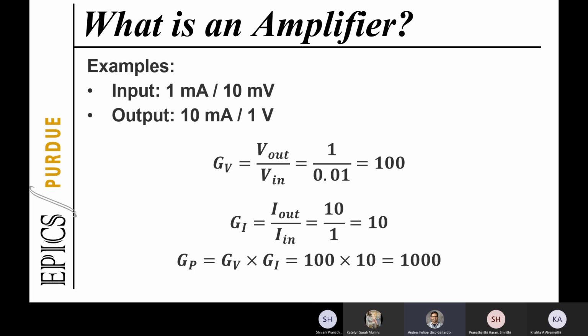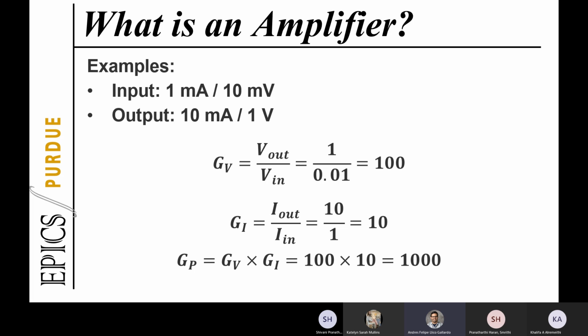So if we look at the numbers, first we will look at the ratio between the voltages. We take the output voltage and divide it by the input voltage. I have changed the unit, so everything here is in volts. So we have 1 volt over 0.01 volt, that's 10 millivolts. So we see that the ratio is 100.